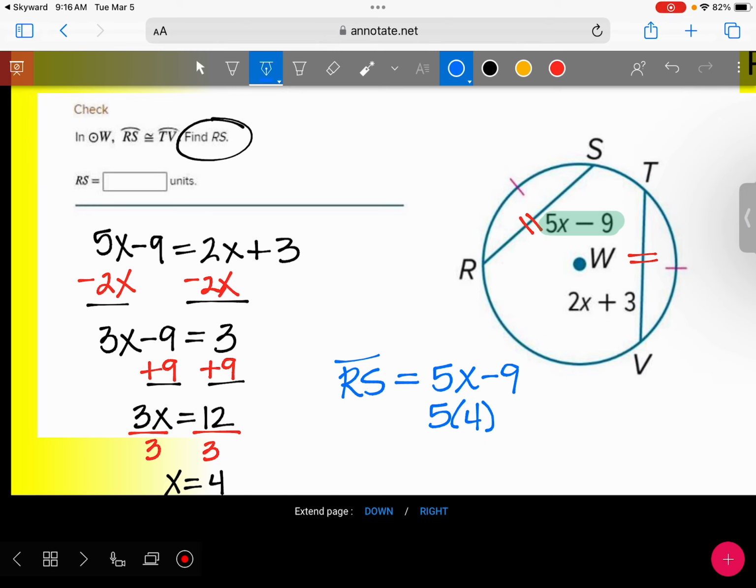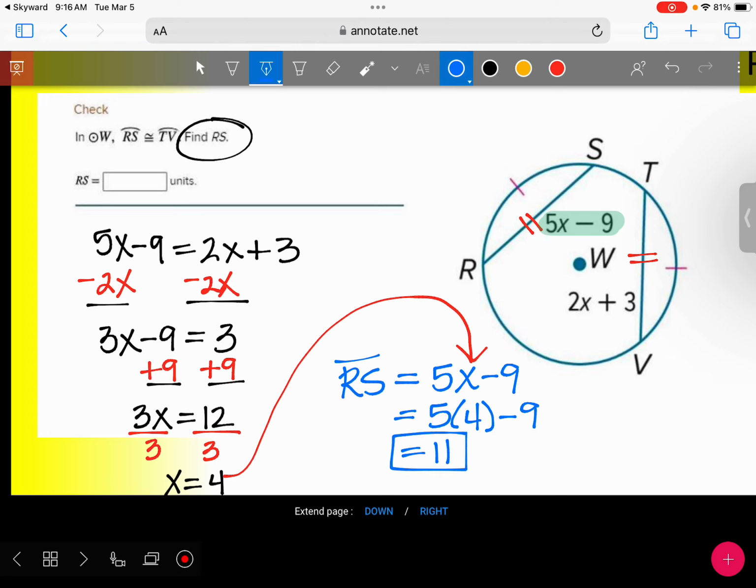And we figured out that x is 4. So go ahead with your calculators. Figure out what you get for RS. So after you find x, we have to substitute it in for x. What's 5 times 4 minus 9? 11.